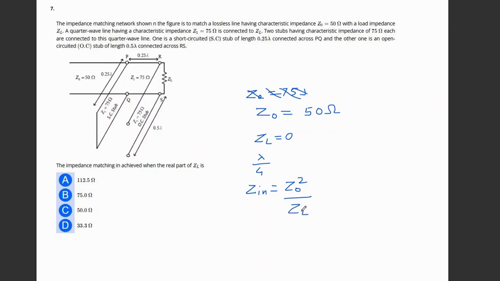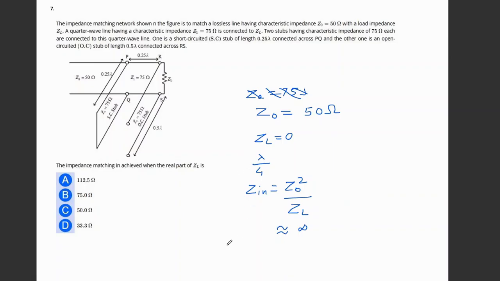So for a short circuit stub, the input impedance for a length of lambda by 4 will be equal to infinity, or it is equivalent to an open circuit, so we can ignore the short circuit stub because it is equivalent to an open circuit.